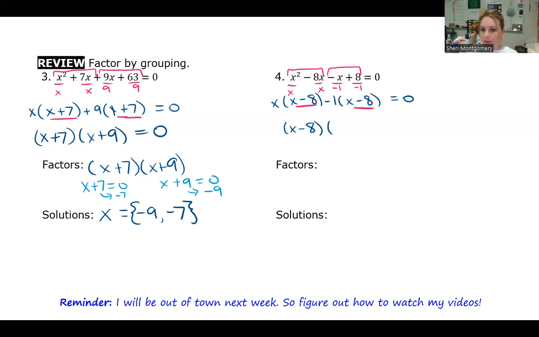And then we write down what is left, x minus 1. So my factors are x minus 8 and x minus 1. I set each of the factors equal to 0 to solve. So x minus 8, x minus 1. And if I set them both equal to 0, then I know that my solutions are +8 and +1.